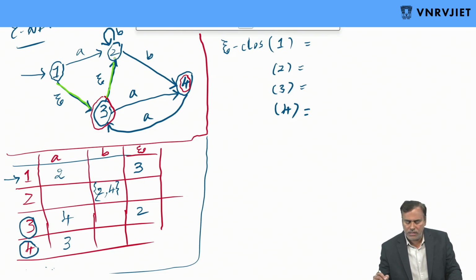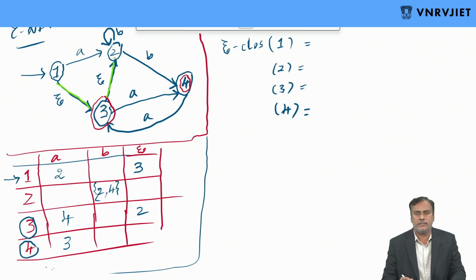So what do you mean by epsilon closure of S? Rule 1 says S is added to epsilon closure of S. As per that, here S is 1. So epsilon closure of 1 first gets 1. From 1, if you can reach any other state only on epsilon transition, then that state should be added.